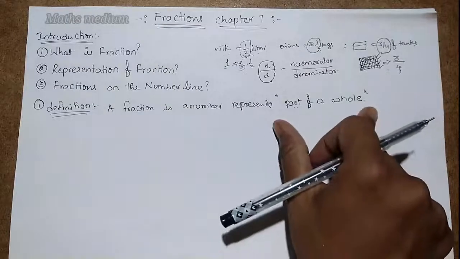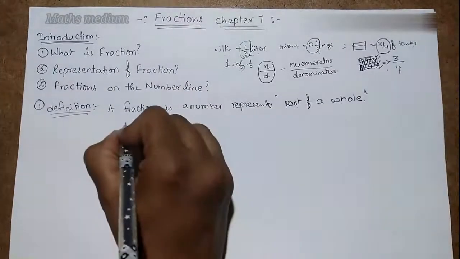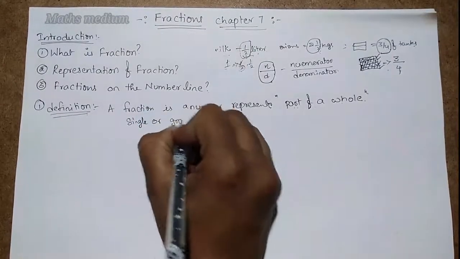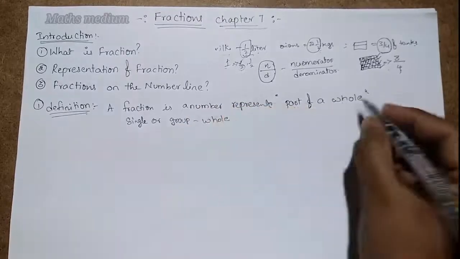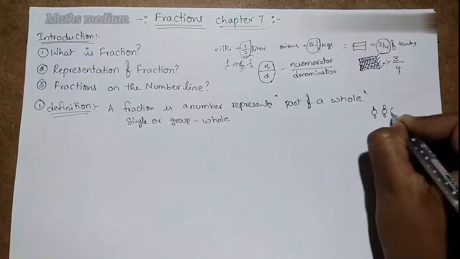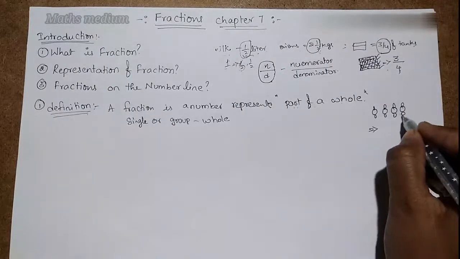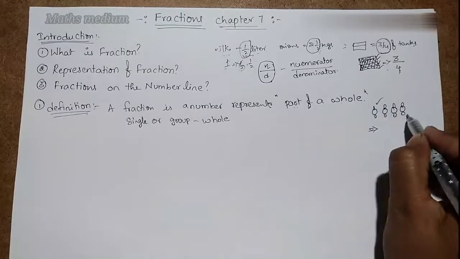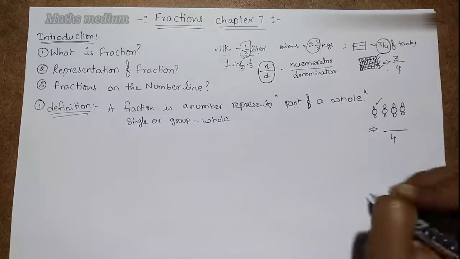One thing I want to tell here, the whole may be single or a group. See here, single or a group. This is a whole part. For example, if you take chocolates, these are 4 chocolates, right? Give one of these 4 chocolates to your friend. So you represent the whole as 1, 2, 3, 4.